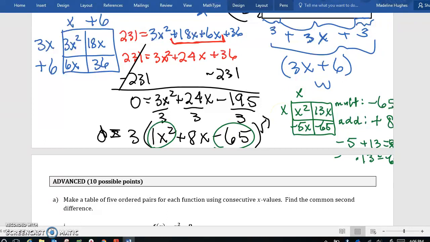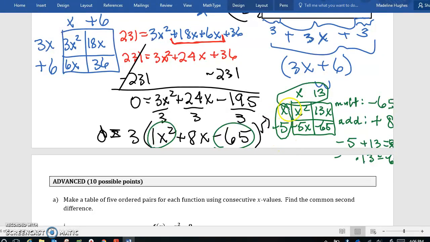Up here I'm looking to make 13x. Have the x. Up here I need 13. Over here, negative 5x. The x is up here. I'm missing times negative 5. So our factors are x plus 13, x minus 5.